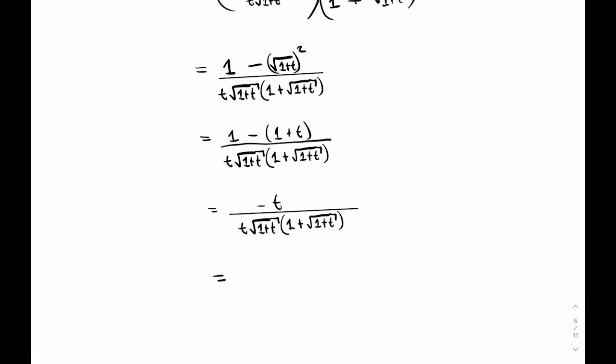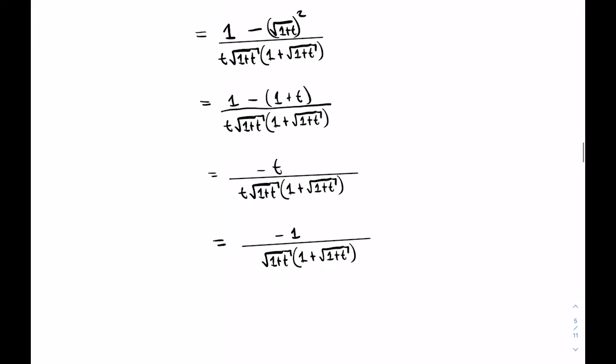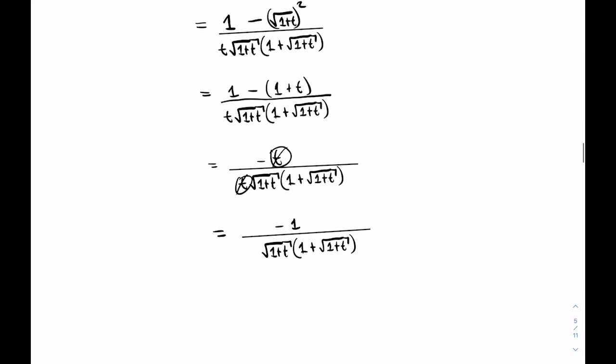Okay, so this means that we now have negative 1 over, not exactly the same thing as before because this t is now canceled. So these two t's end up canceling each other.